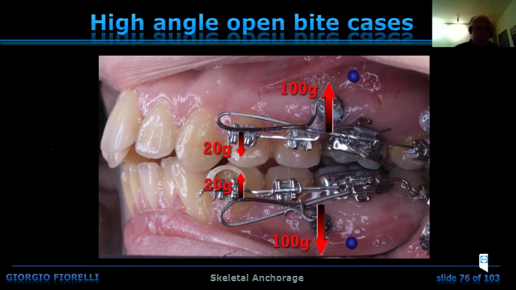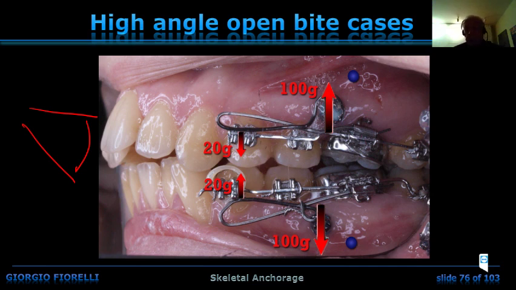If you want to reduce a vertical excess of the maxilla mandibular planes, I'm using this system combined, of course, with TPAs and lingual arch to control the transversal. You cannot use this alone, but just a passive TPA or a passive lingual arch, which, if you're used to it, is a 10 minutes job. I mean, it's very short time.